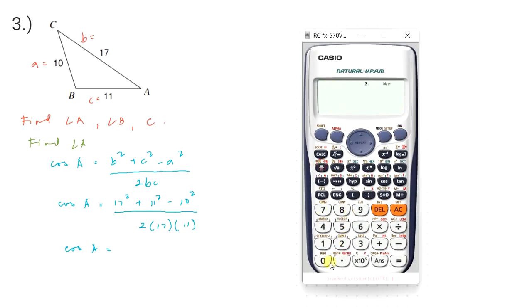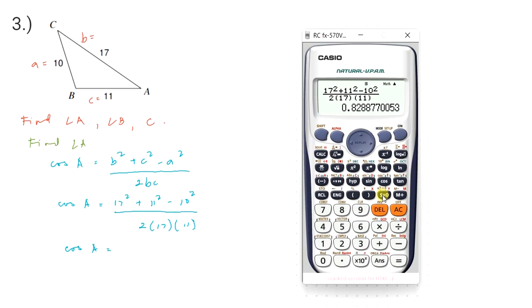Let's make a fraction: 17 squared plus 11 squared minus 10 squared, all over 2 times 17 times 11. Close the parentheses to avoid a math error.